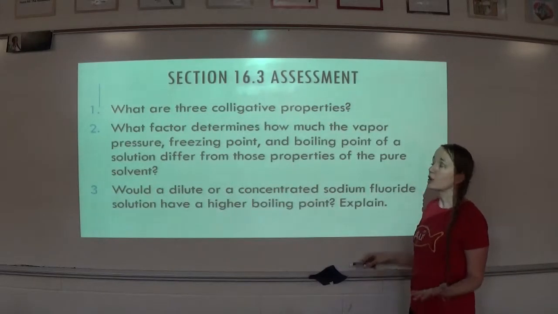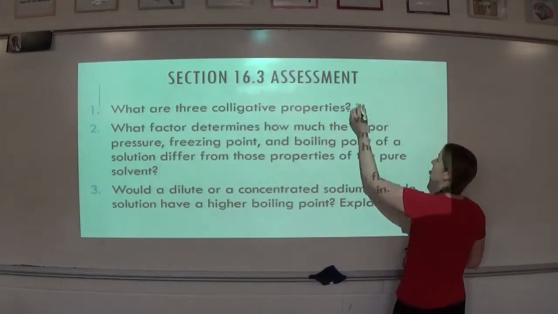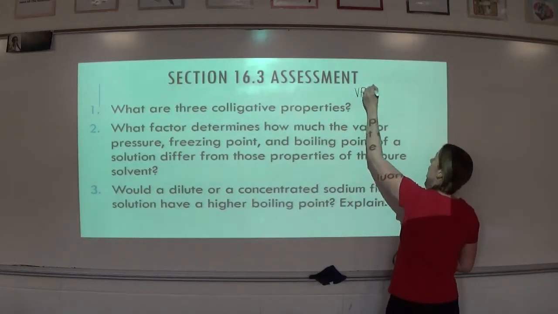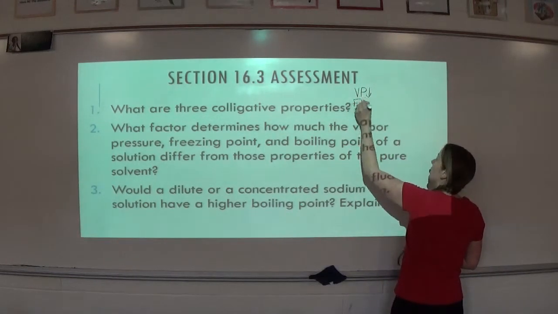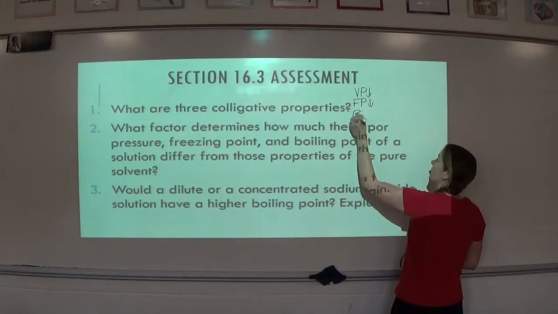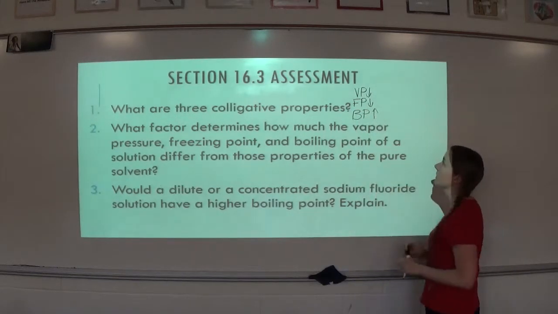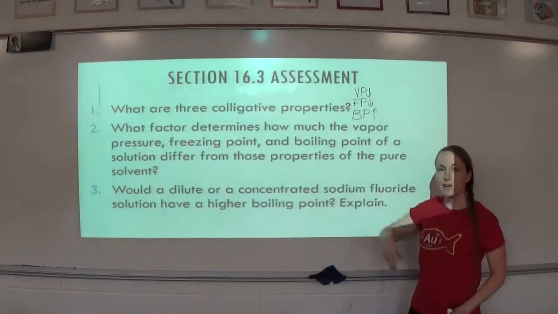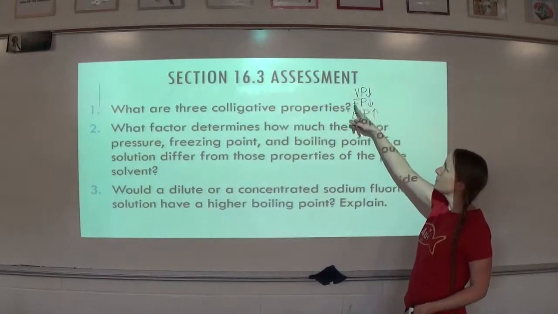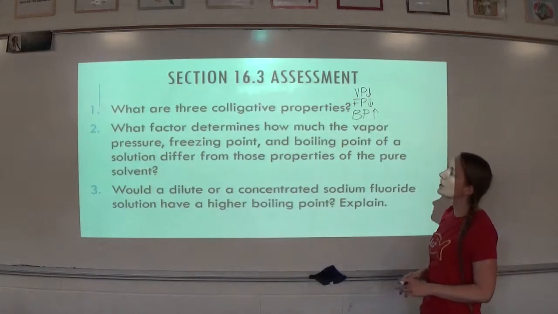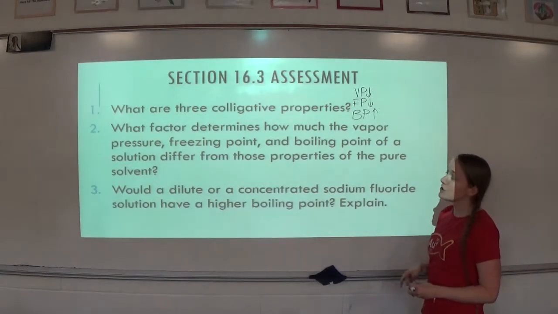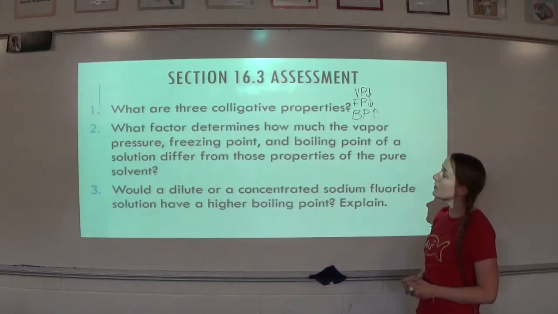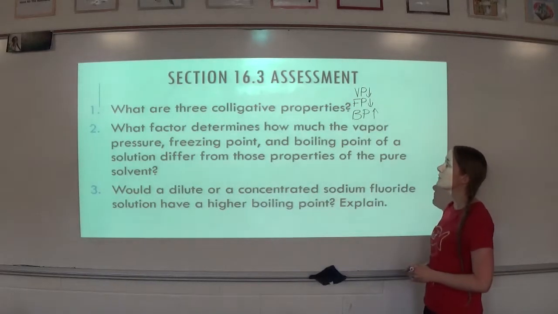Alright, so what are 3 colligative properties? Well, remember we said there is vapor pressure depression, freezing point depression, and boiling point elevation. Okay, so I just do VP for vapor pressure and an arrow down for depression like that. What factor determines how much the vapor pressure, freezing point, and boiling point of a solution differ from those properties of the pure solvent?